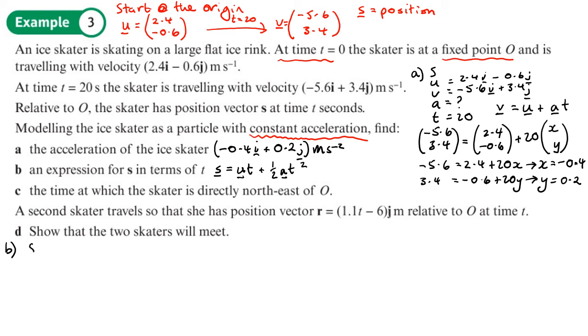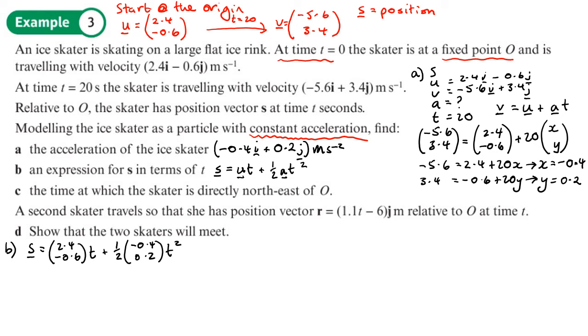So S equals U, now U is this, 2.4 negative 0.6, so as a column 2.4 negative 0.6 T plus half times A, negative 0.4 0.2 T squared.